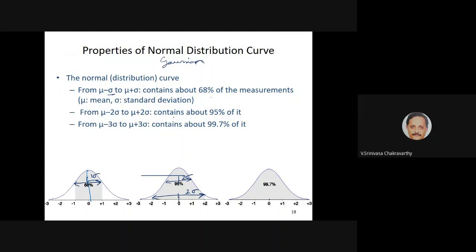If you go up to 2 sigma, it is 95% of the area. If you go to 3 sigma, it has 99.7% of the area. Right, you might have heard of this 3 sigma quality index and all that, right?